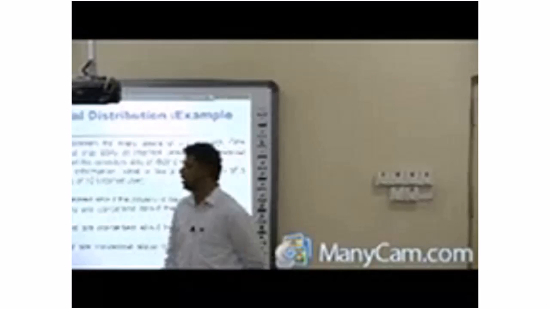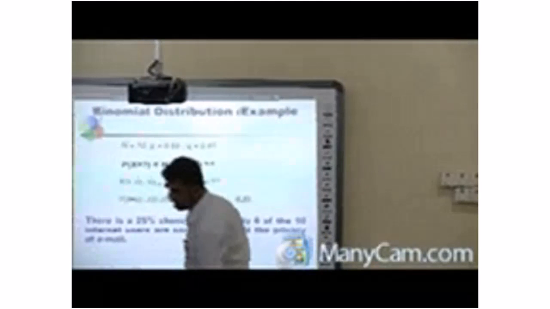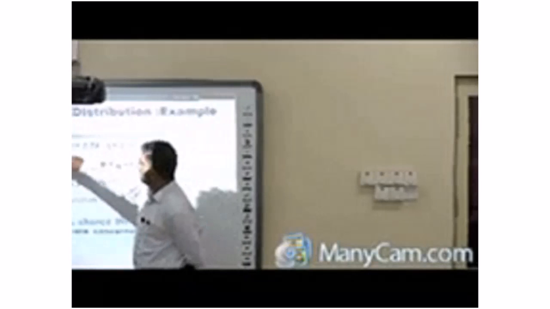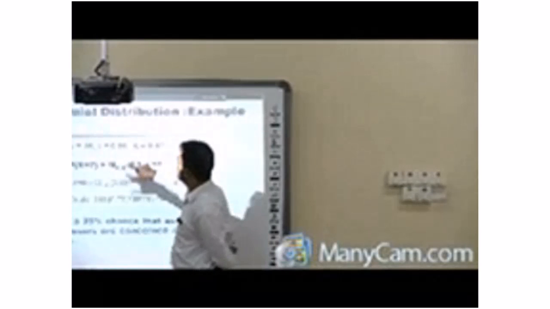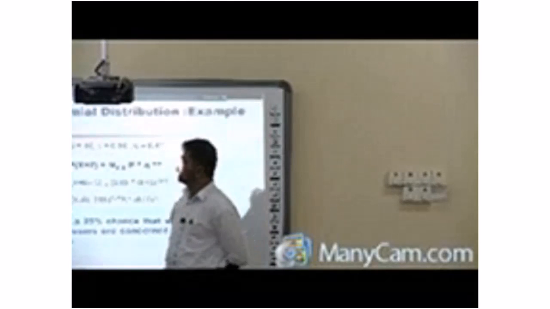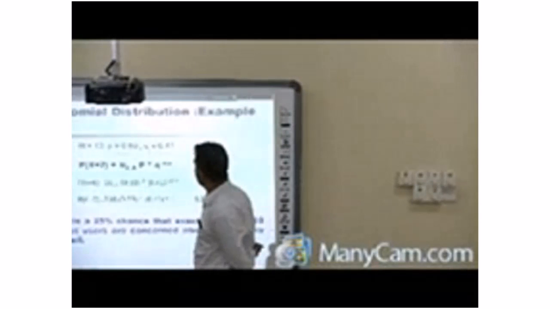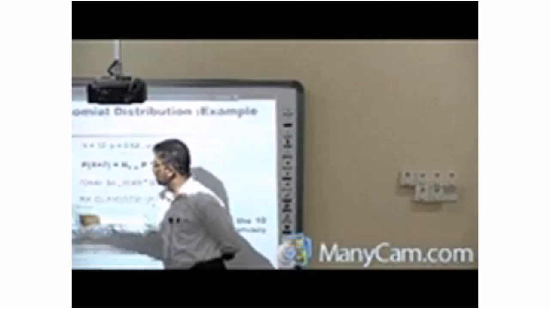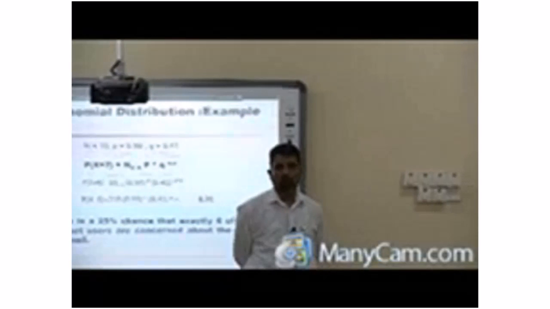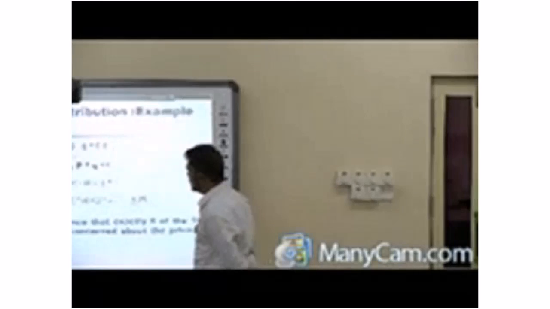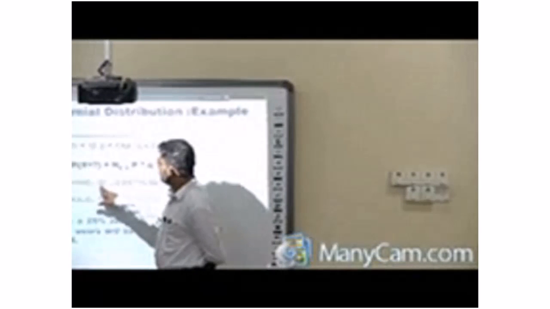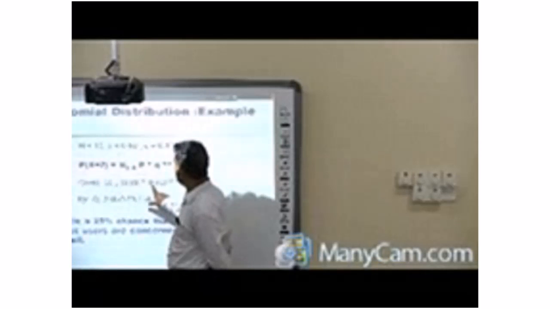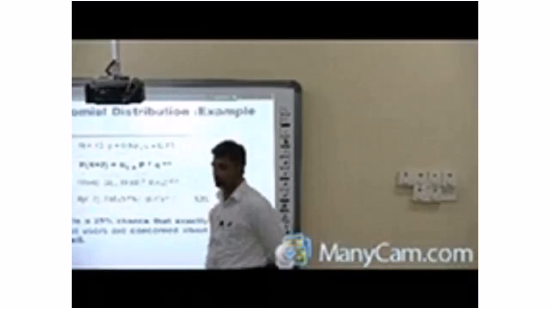Then if you go to the next slide, you can see that answer. Yes, you can see N is 10, P is 0.59, then Q is 0.41. This is the given formula for applying a binomial distribution, right? Now we can apply this: 10C6, 0.59 to the power 6, 0.41 to the power 10 minus 6, right?